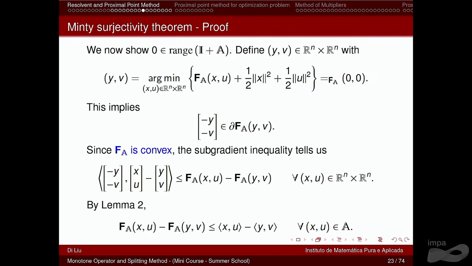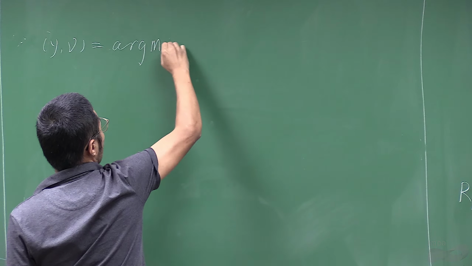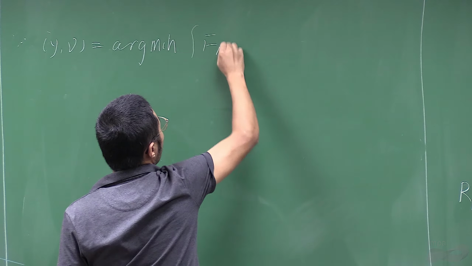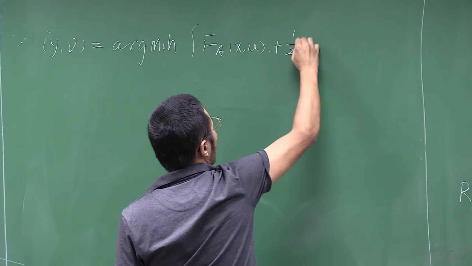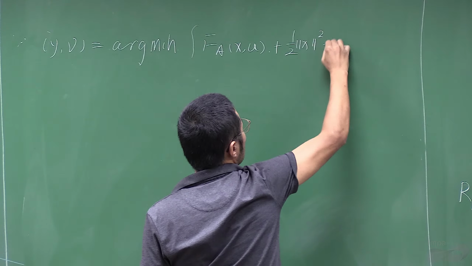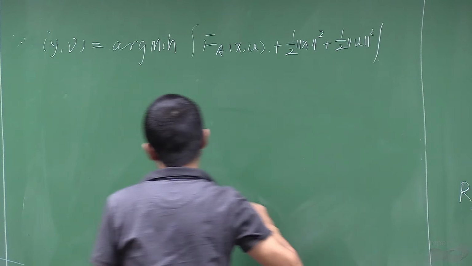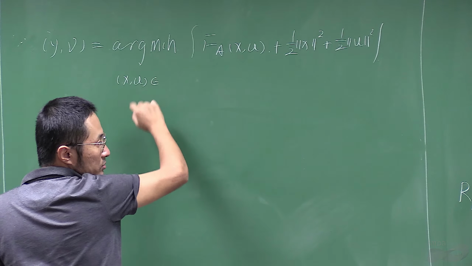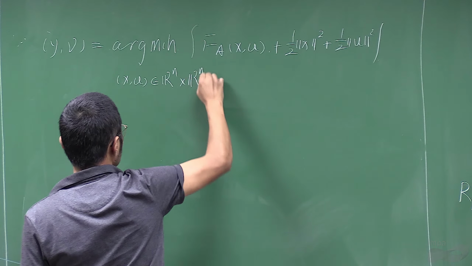I will write it here. We define y, v equals the argmin of Fa xu plus the norm of x squared plus the norm of u squared, for any xu belongs to the whole space.